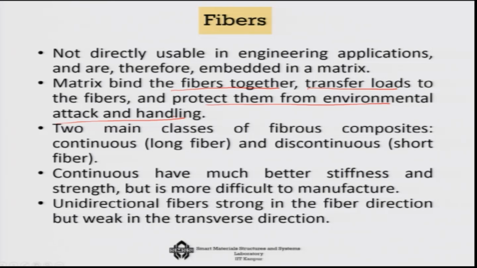Now, there are two main classes of fibrous composites. One is architecturally long fiber and small short fibers. Okay. So, if I go for long fibers, I get better stiffness, strength, but it is more difficult to manufacture. And unidirectional fibers are actually strong in the fiber direction, but it will be weak in the transverse direction. So, it will have high degree of anisotropy.